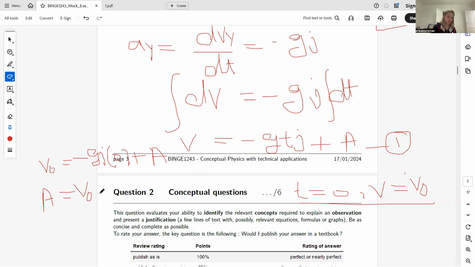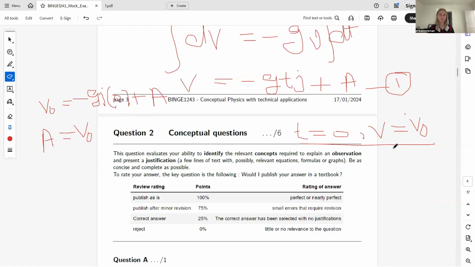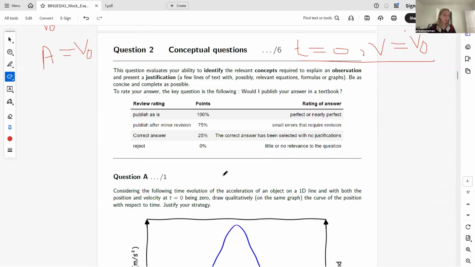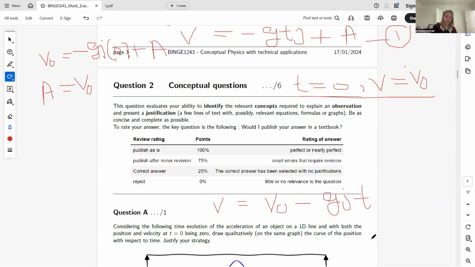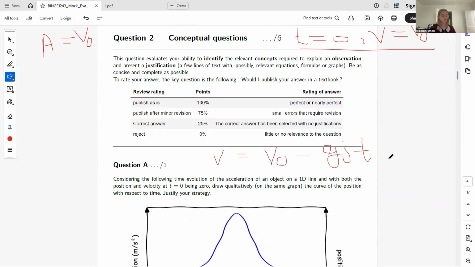Now putting this value of a in equation 1, our final equation becomes v is equal to v naught minus gtj. So that is our final equation for the velocity.